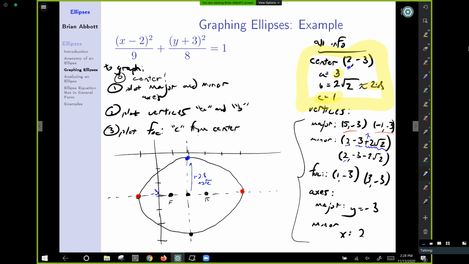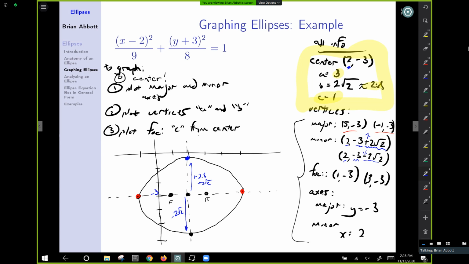And that's the exact expression representing the y coordinate of your uppermost minor vertex. Similar logic means that to get the lower minor vertex, we go down a distance of 2√2 from my starting point of -3.